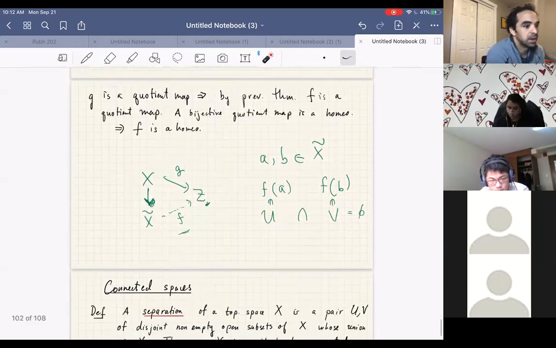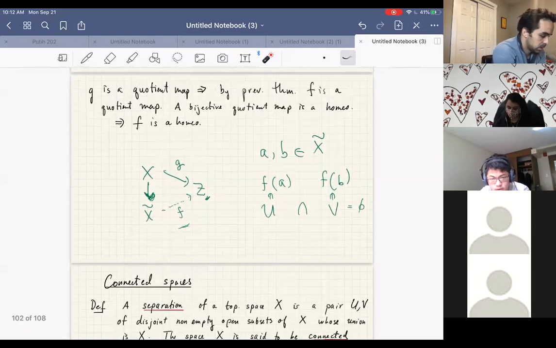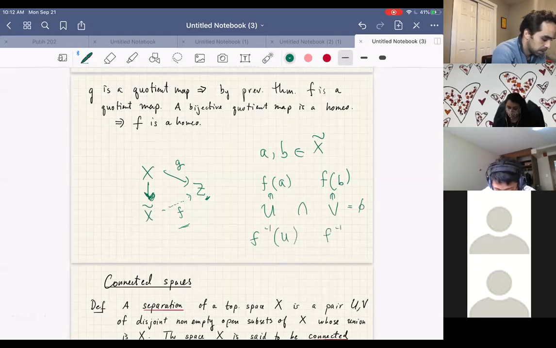And then F inverse of U and F inverse of V will be disjoint open neighborhoods, because F is continuous, containing A and B respectively.